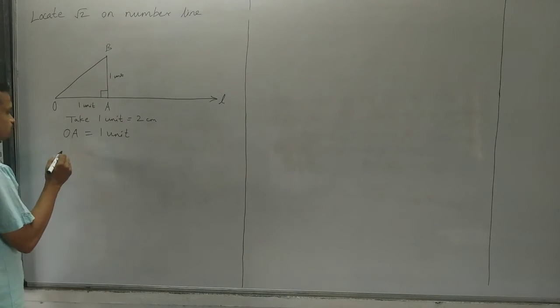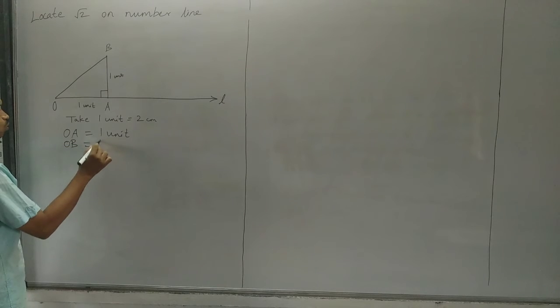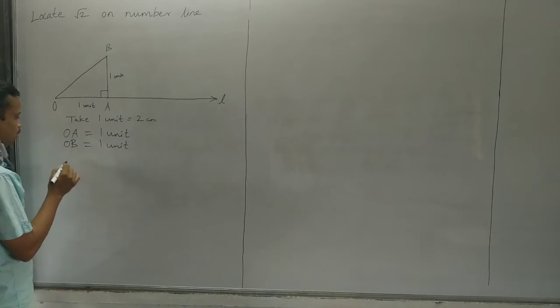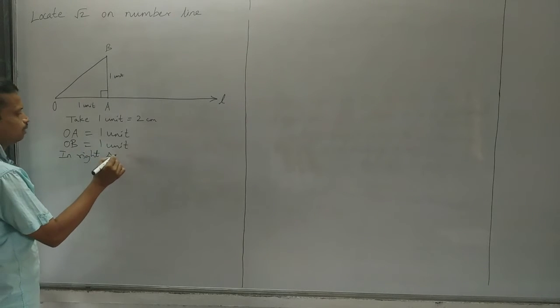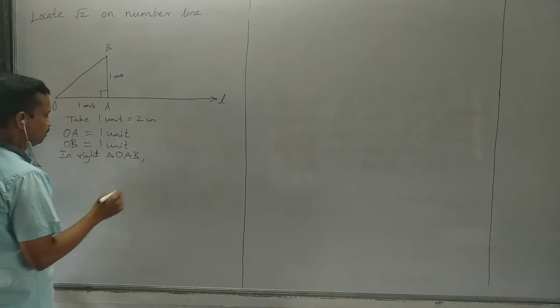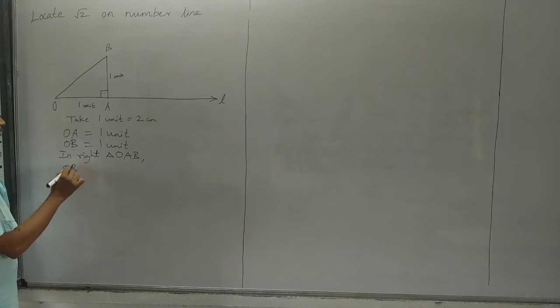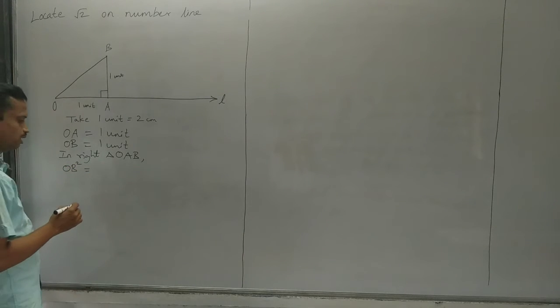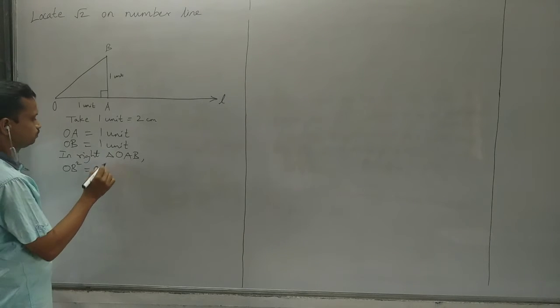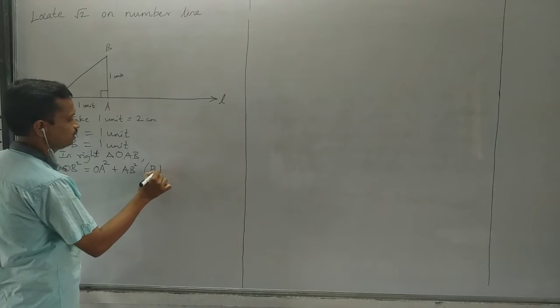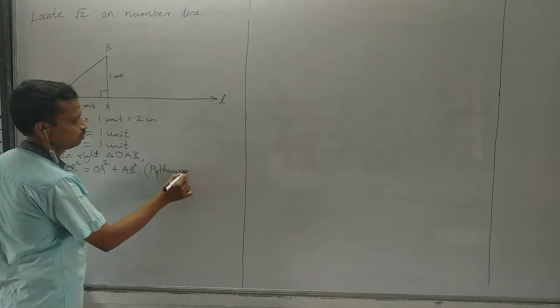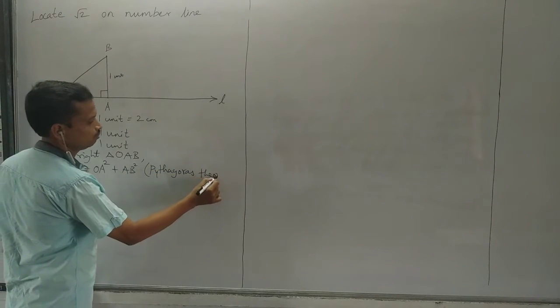Now in right triangle OAB, OB square, I think you know what I am doing, right? What theorem am I applying here? OA square plus AB square. This is by Pythagoras theorem.